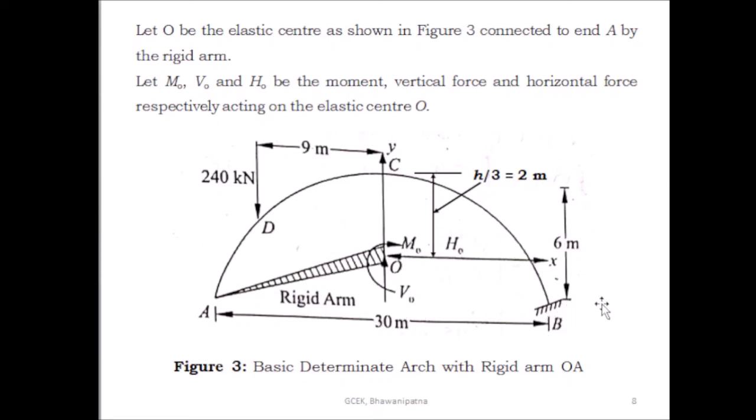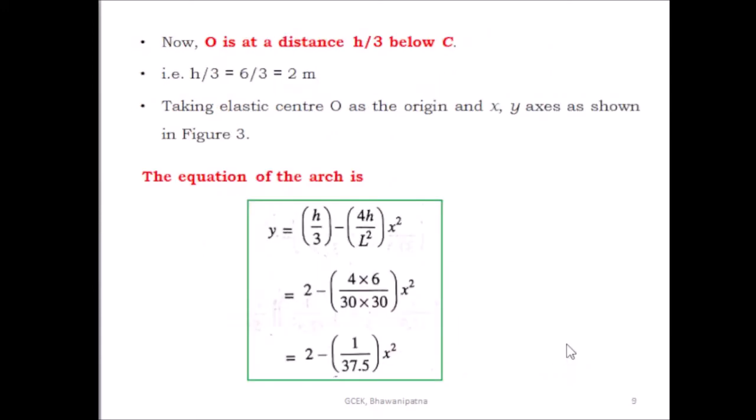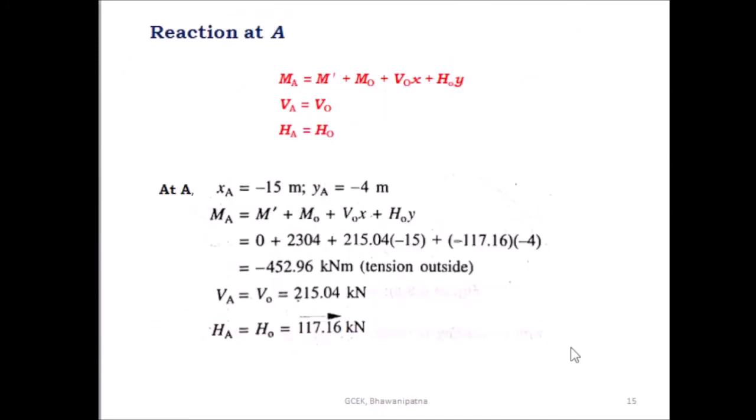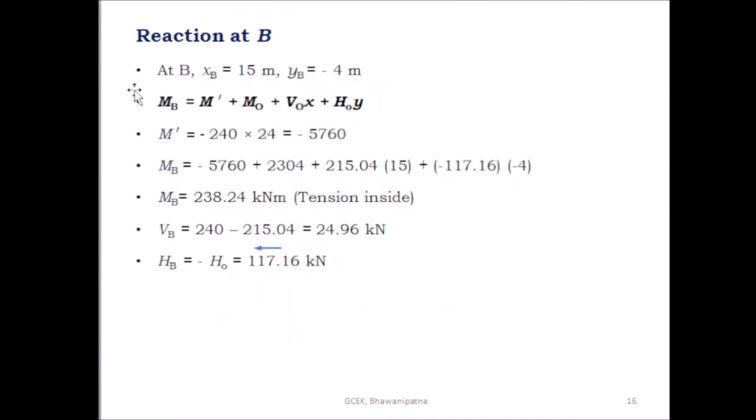So y is equal to minus 4 and x is equal to plus 15. So at B, xB is equal to 15 meter and yB is equal to minus 4 meter.